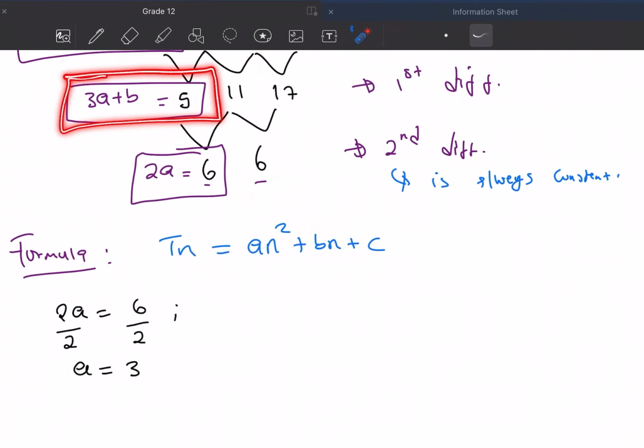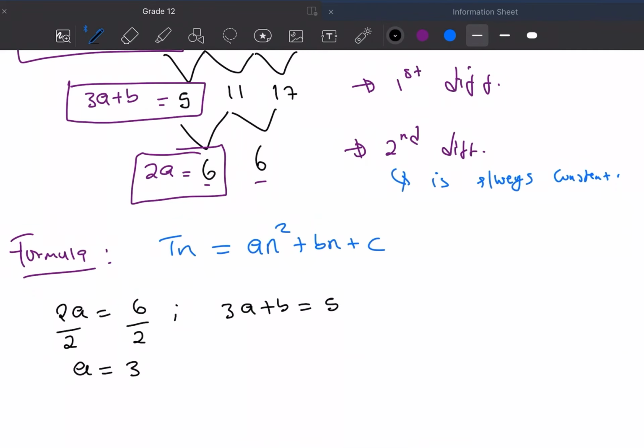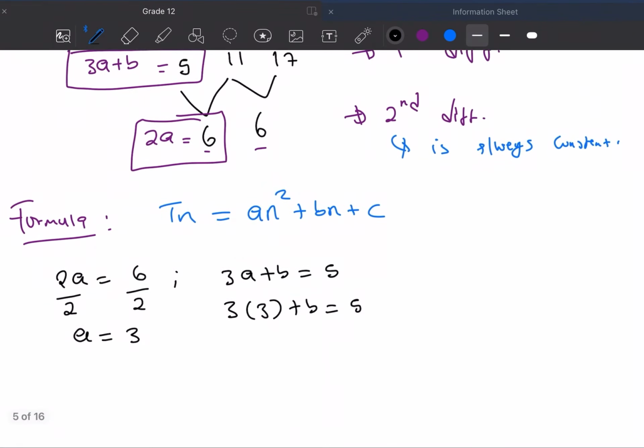Okay, now let's go to the second relationship. 3a plus b is equal to 5. Again, we already know what a is. A is 3. So 3 times 3, that is 9. And then you can take the 9 to the right hand side, it becomes negative.